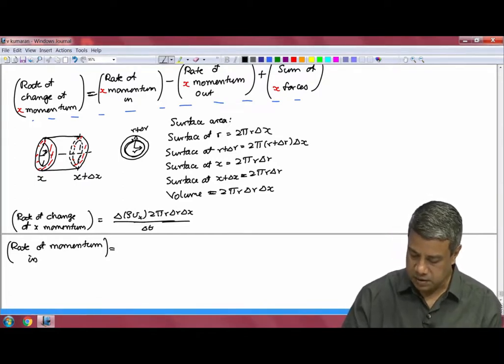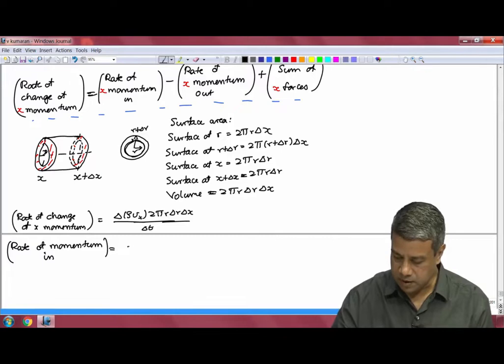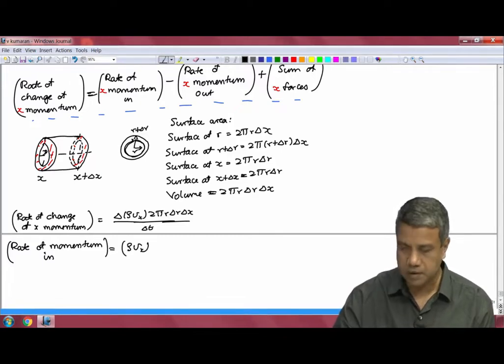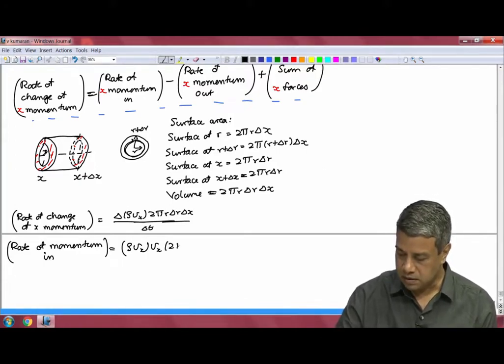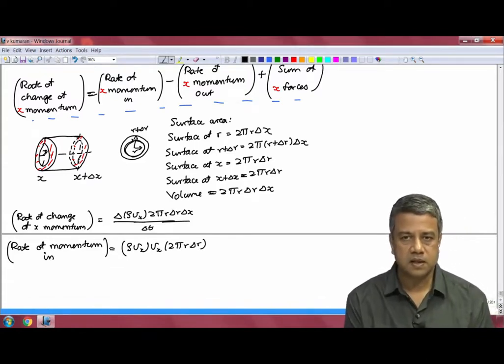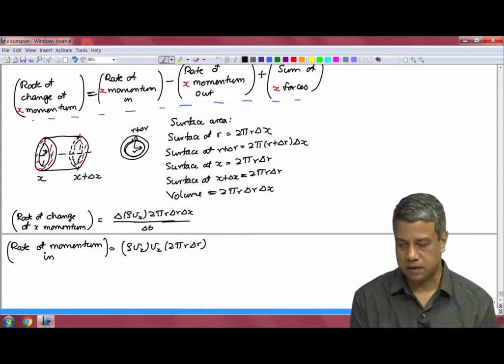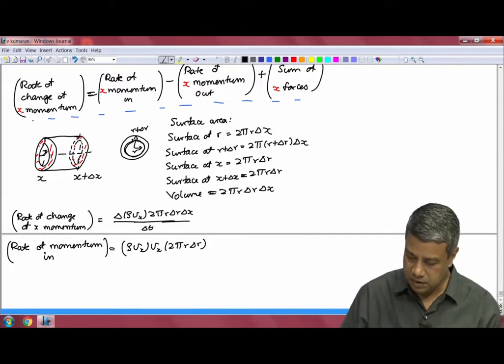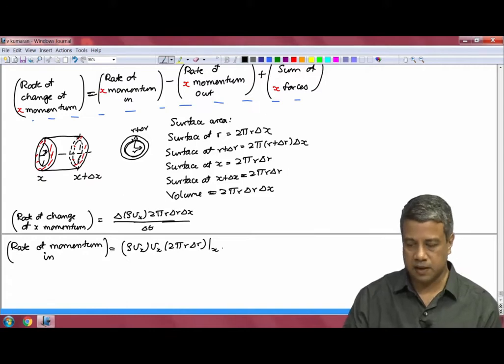So, the rate of momentum in is going to be equal to the momentum density times the velocity times the surface area, in this case 2 pi r delta r. Momentum density times the volumetric flow rate. Volumetric flow rate is velocity times the area. This is at the location x, because momentum is coming in at the location x.